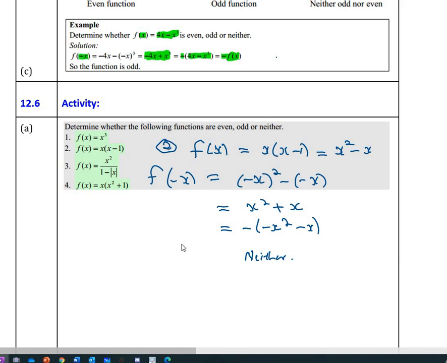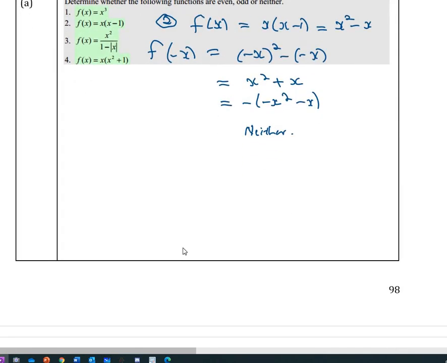All right, let's do one more example. Let's do number 4. I've got f of x is x times (x squared plus 1). I'm going to multiply it out again so that I can see what the original looked like.